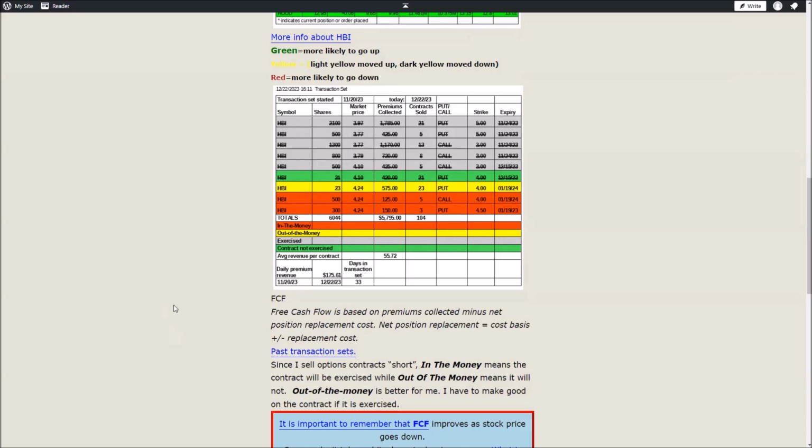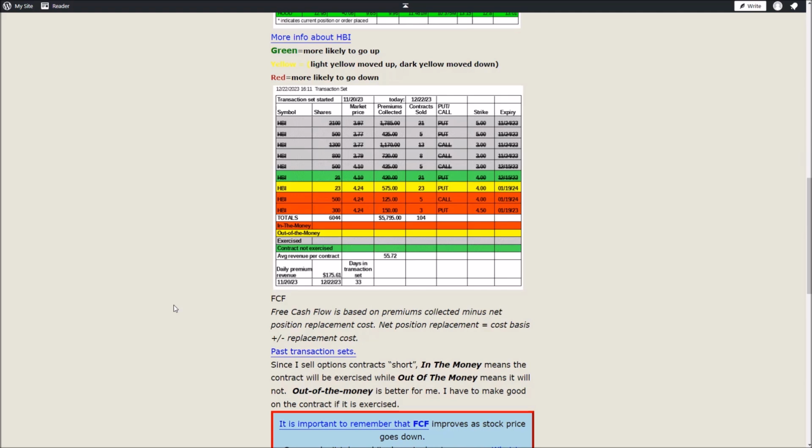But way back when, early on when I started doing this, I came up with this concept of a transaction set, which is basically a visual presentation of my trades.